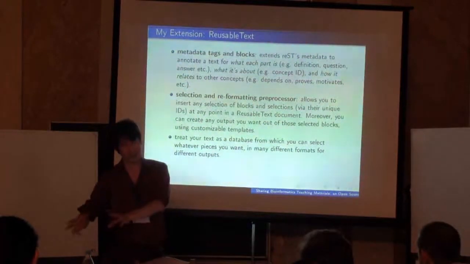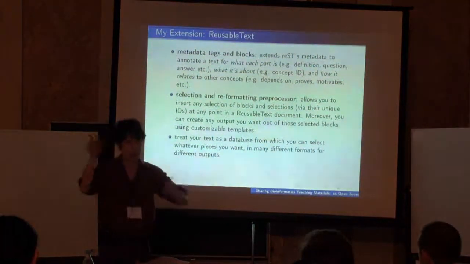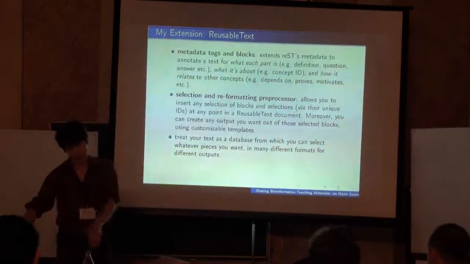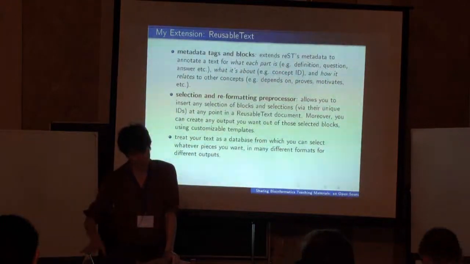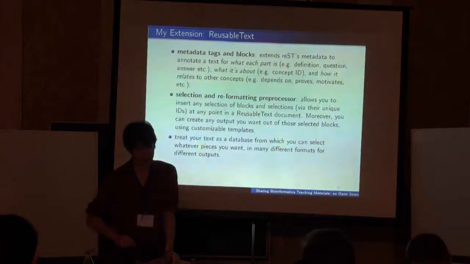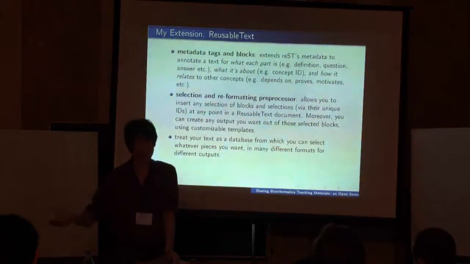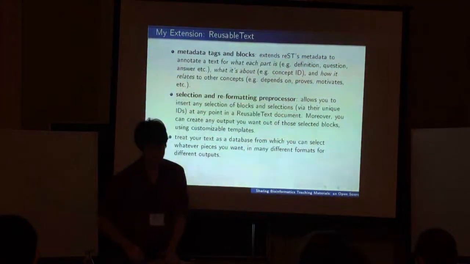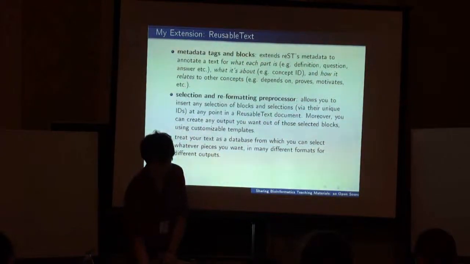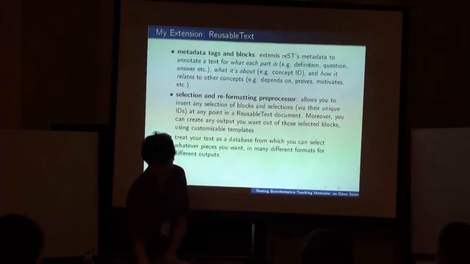So I'm producing a lecture for today. Okay, what materials do I want to pull from all sorts of different places, and produce that list of IDs, generate the output. Produce an answer key, produce an exam, just by selecting which specific problems and output format I want. Basically, treat your text as a database.